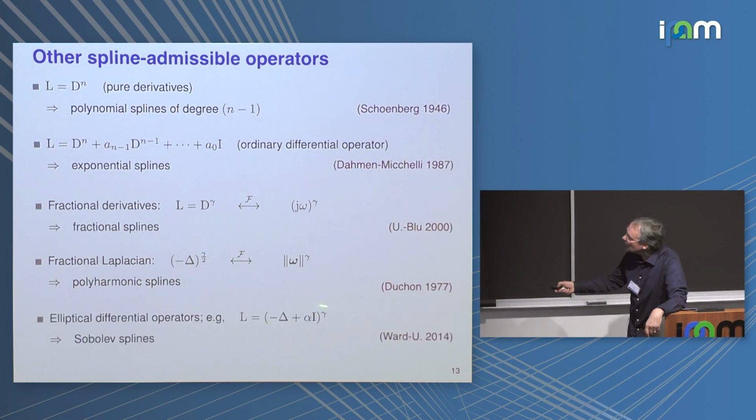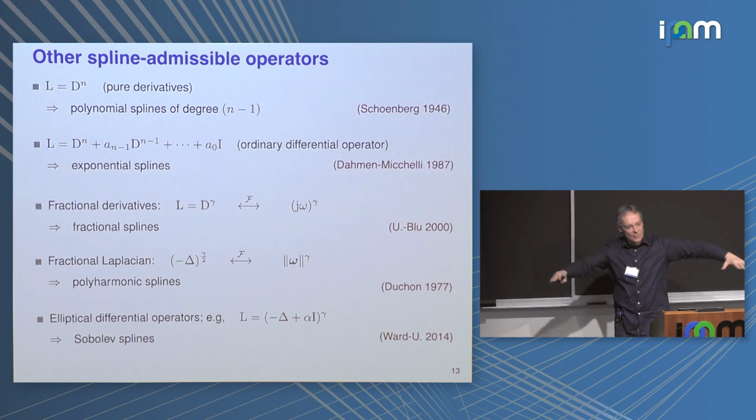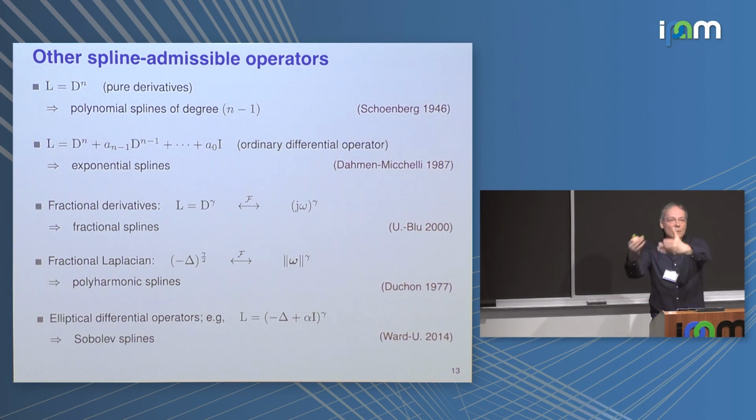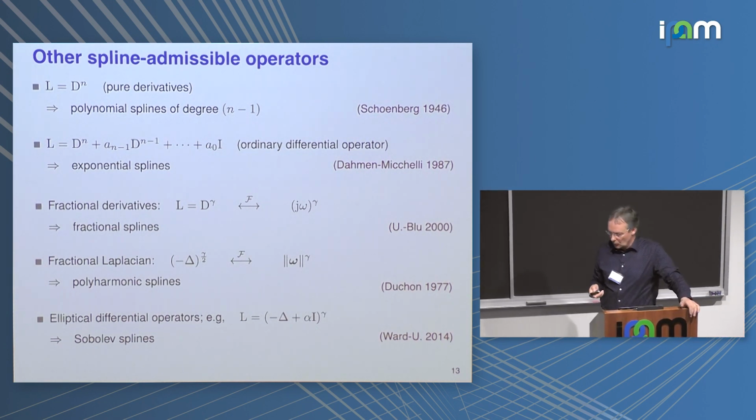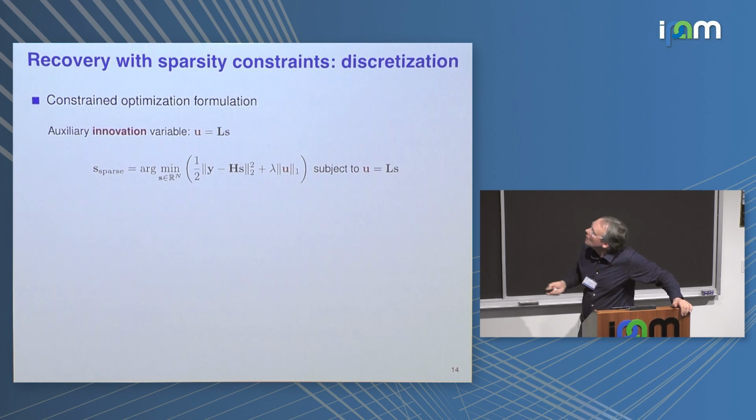It works for operators like the Laplacian perturbed by the identity, and actually this gives us Bessel potentials as kernels, which we call Sobolev splines. So essentially, every time you have a differential operator, you can associate splines.